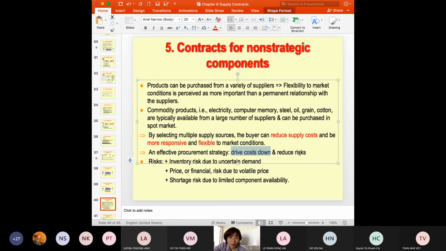And with reduced risk, for a strategic component, if that supplier does not have enough capacity to provide for you, you max out. But with more supplier resources, you can select from another supplier.